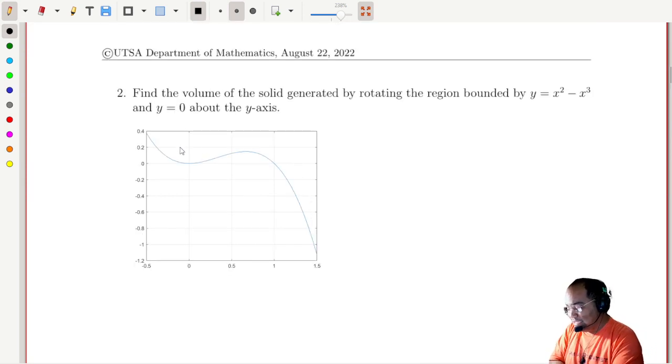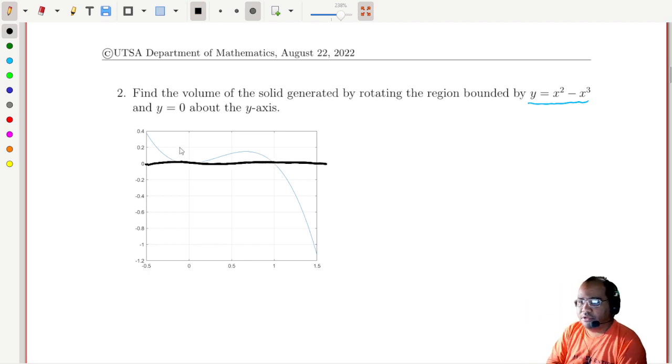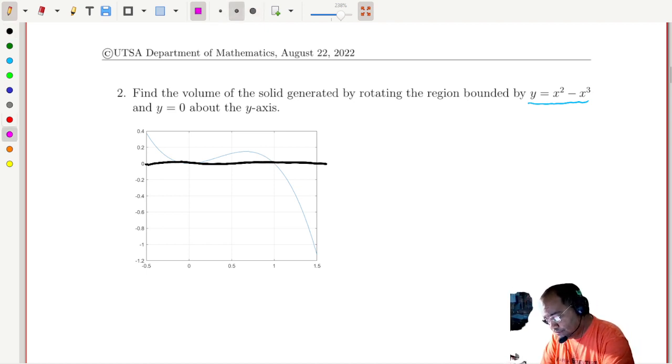Okay, we're going to rotate this region here bounded by y equals x squared minus x cubed. That's the curve in blue. Okay, the line y equals 0. So let me go ahead and put that in bold here. The y equals 0 is the x-axis. And we're going to go ahead and color that in magenta.